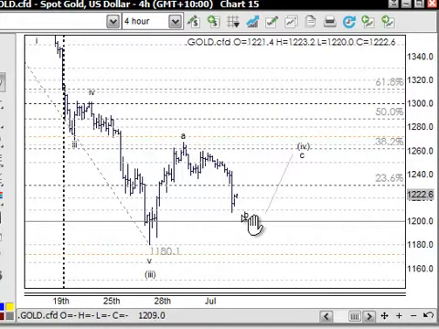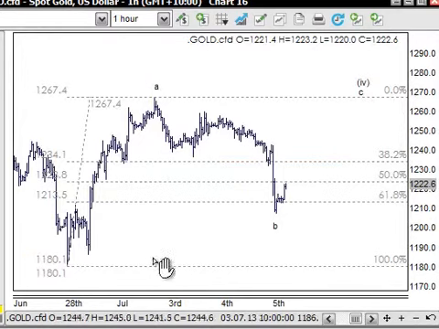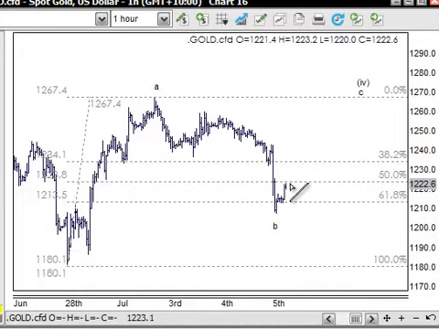So once this B wave is finished, we're looking for 5 waves up through here. Just drilling into that a little bit, we've got our A wave up here, our B wave in 3 waves, which would be the A, the B and the C wave down through here. It does count as 5 waves through there, but it can also have one more move down to here before we start seeing the C wave, and the C wave will be in 5 waves.